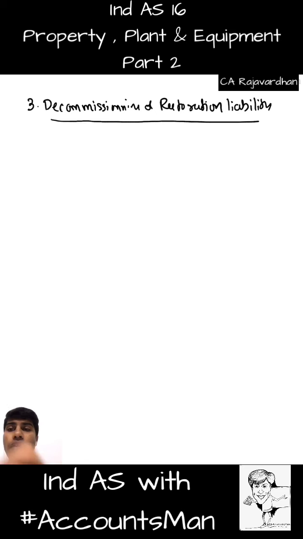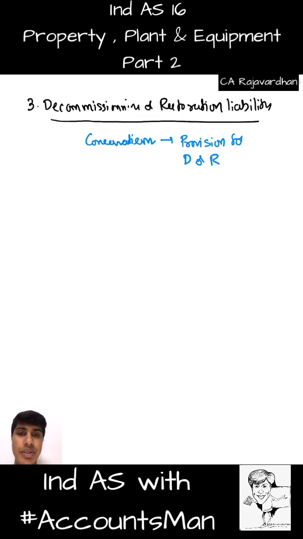So because of our concept of conservatism, or prudence, we need to create a provision for decommissioning or restoration liability. You get that? However, provisions are allowed to be recognized under Ind AS 37 on fulfillment of two conditions.